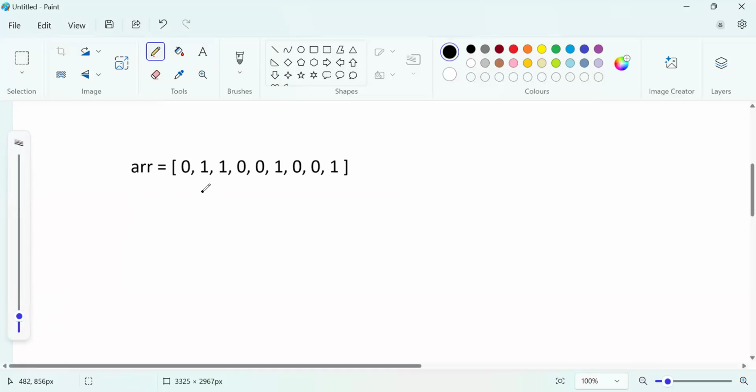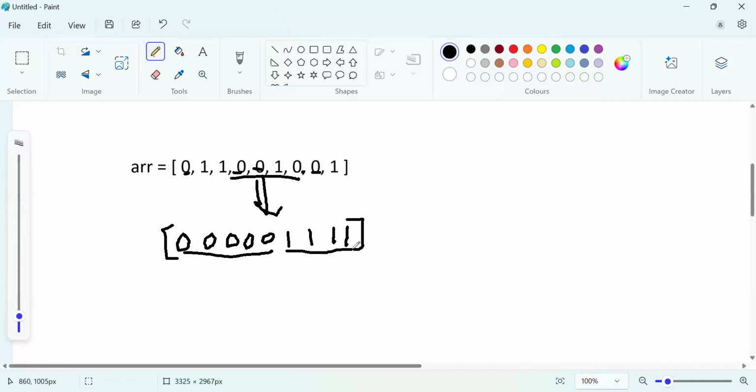After sorting this array, I'll have an array like this: 0, 0, 0, 0, 0, then 1, 1, 1, 1. What I did was count how many zeros there are: 1, 2, 3, 4, and 5. I placed 5 zeros in the front and the remaining values as ones. The same thing we did to convert this array into this array, we can do here.